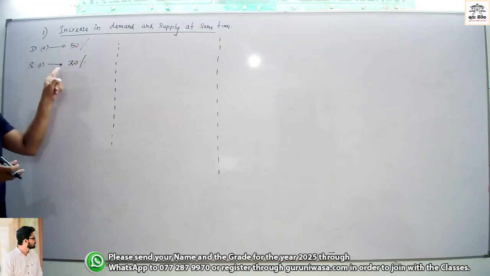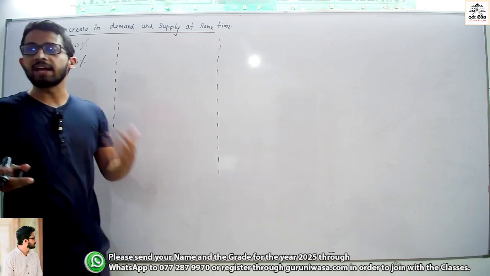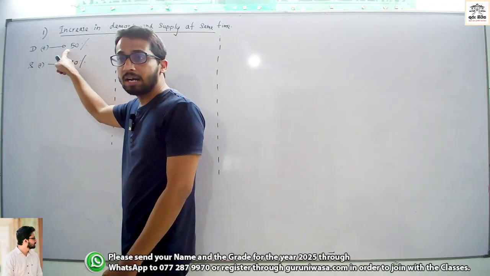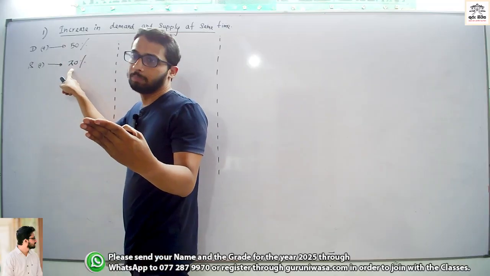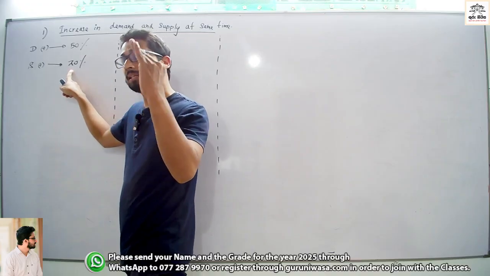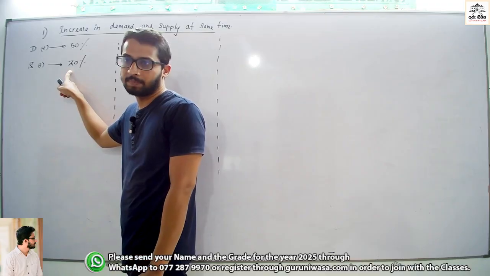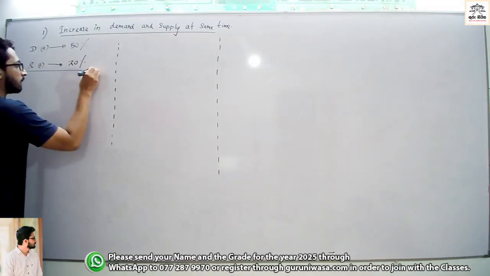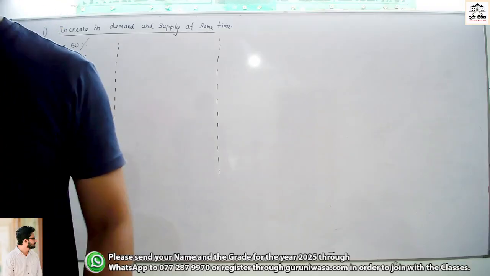Both increase, but at different rates. Here you can see demand increases faster than supply. Both increase, but demand increases at a higher rate than supply. Did you get the point, Lamai? Then how to draw a diagram to show this? So 50% and 20% are imaginary values, my own values.